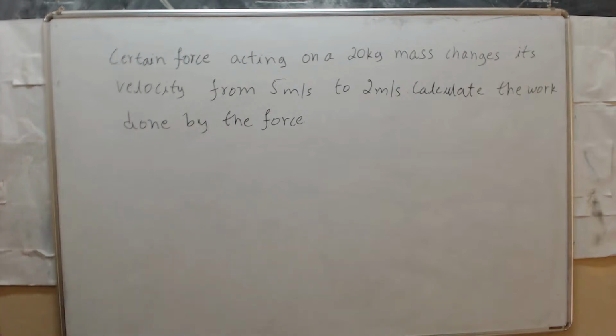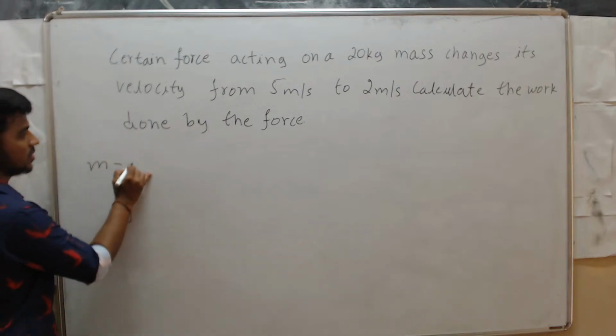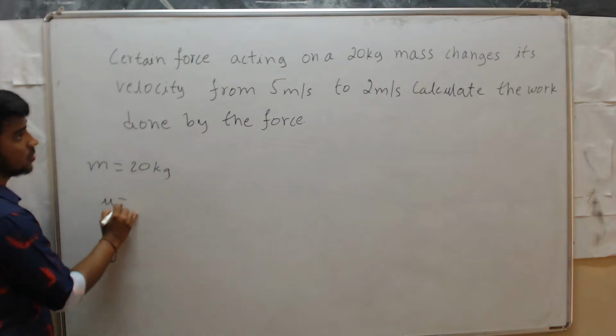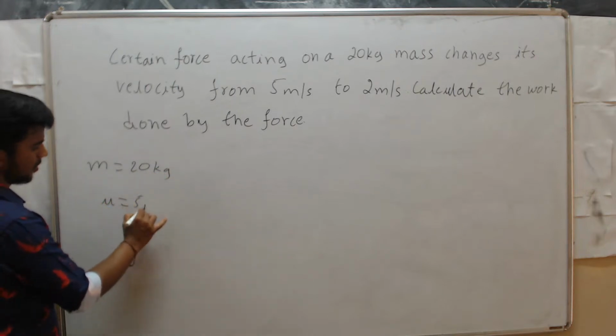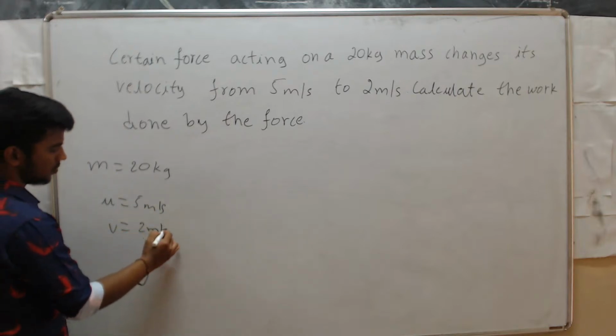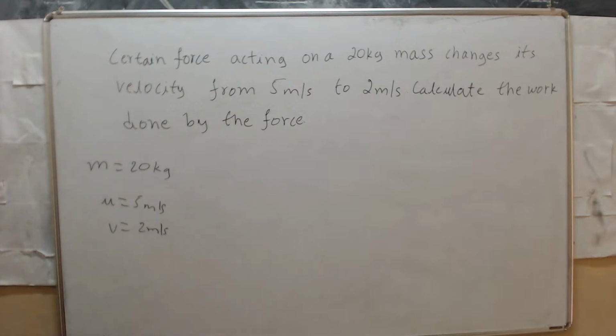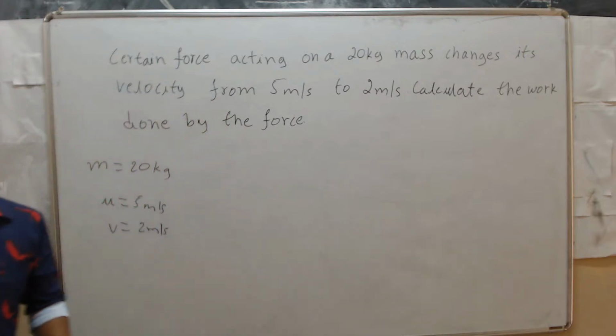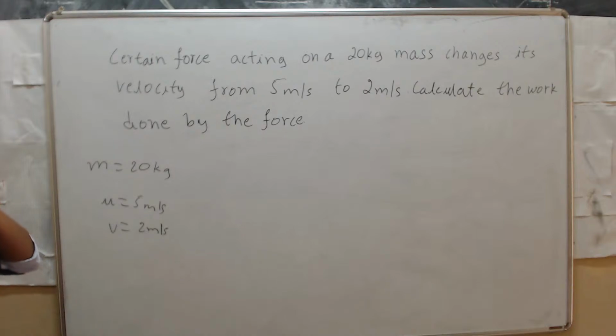First, the mass of that object is 20 kg. Initial velocity u is equal to 5 meter per second. Final velocity v is equal to 2 meter per second. So calculate the work done. First calculate the initial kinetic energy and the final kinetic energy.